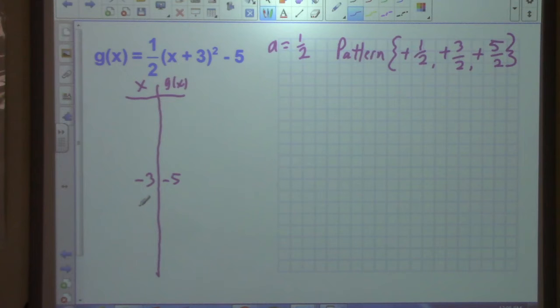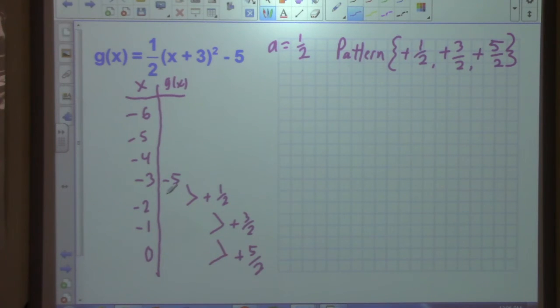And then we put in the other numbers like -2, -1, 0, and -4, -5, -6. And then we add plus 1/2, plus 3/2, and plus 5/2.